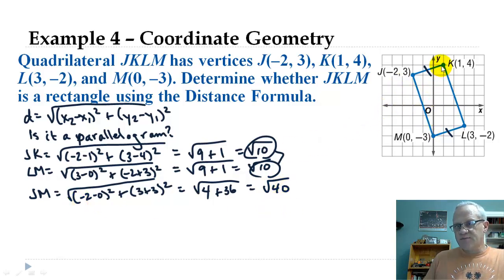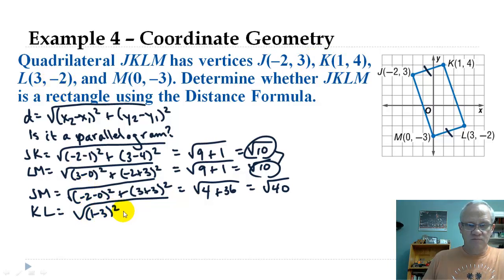And if we're looking at JM, then we also have to look at KL. All right, so KL this time, I'm going to go +1 minus 3. And then 4 plus 2. So that's 1 minus 3, -2 squared is 4. 4 plus 2 is 6. 6 squared is 36.